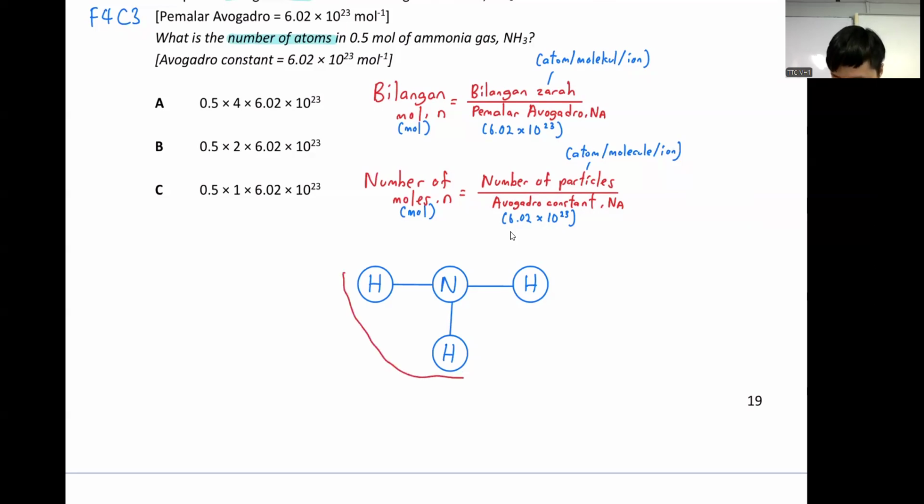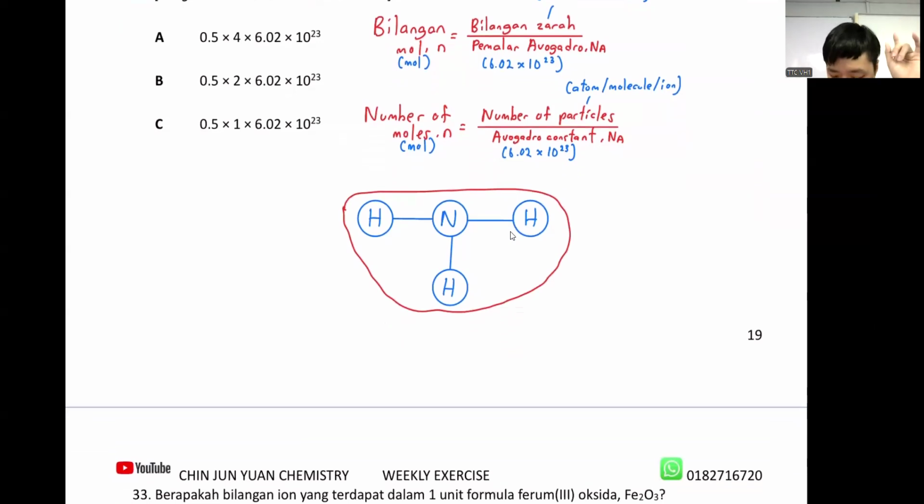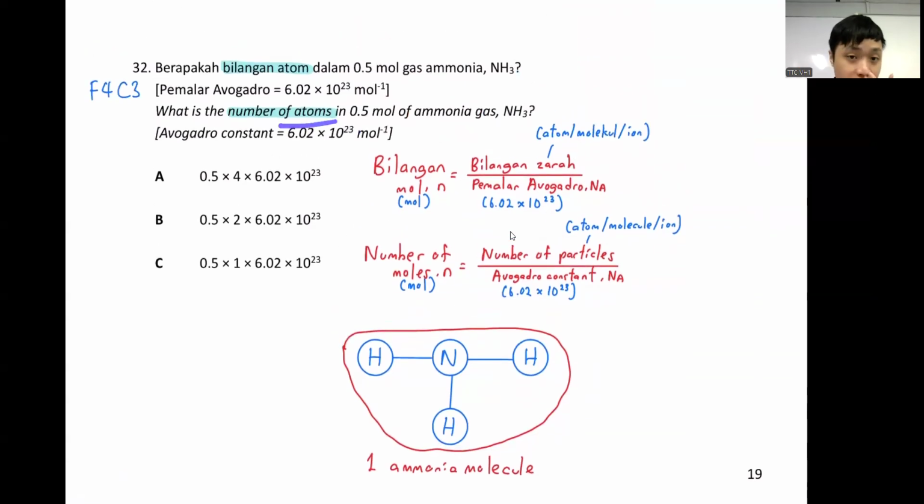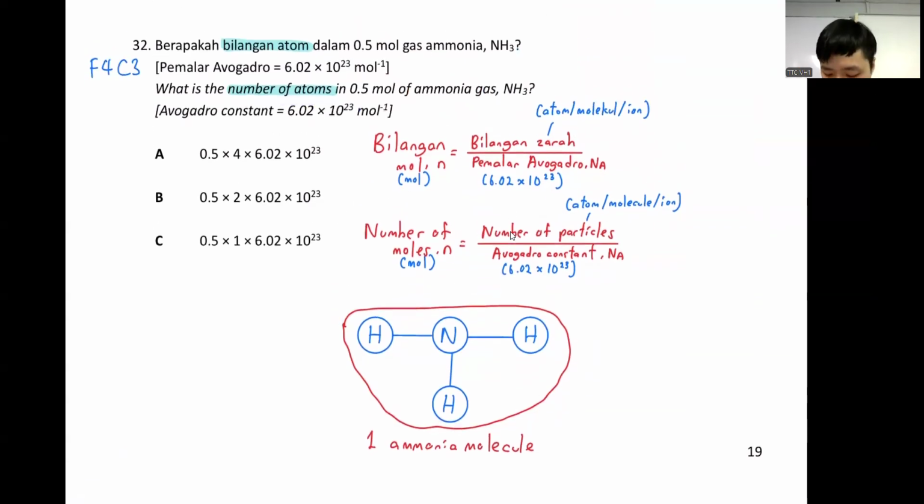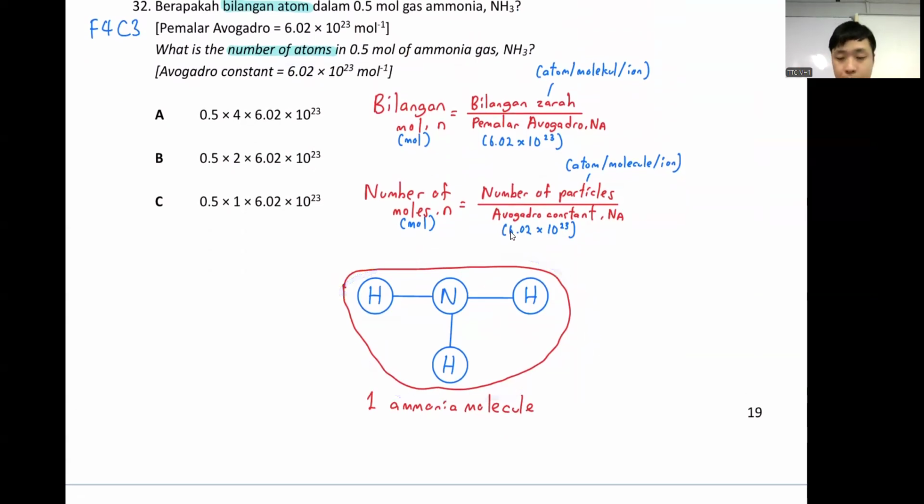You see, the whole thing is called one ammonia molecule, satu molecule ammonia, but they didn't ask for molecule. They asked for atom. So inside one molecule got how many atoms?